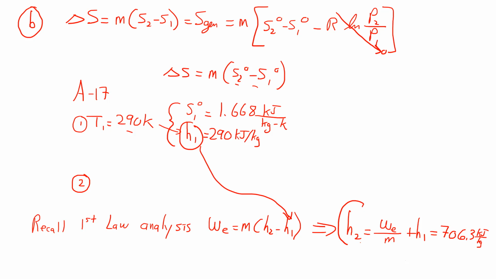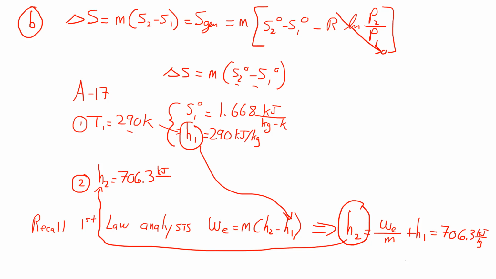I would now take that H2, I would bring it over to my table. So I'd have an H2 of 706.3 kilojoules per kilogram. And I would go and find my S2° in the table.